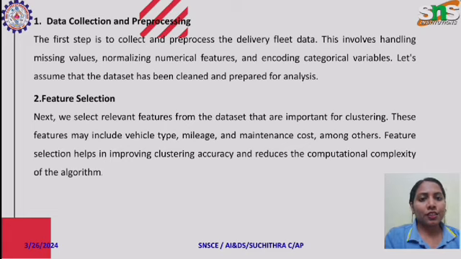Next step is we select relevant features from the data set that are important for clustering. These features may include vehicle type, mileage, and maintenance cost, among others. Feature selection helps in improving clustering accuracy and also reduces the computational complexity of the algorithm.